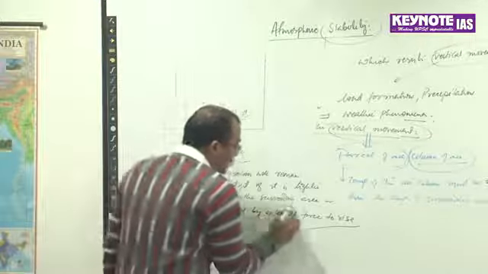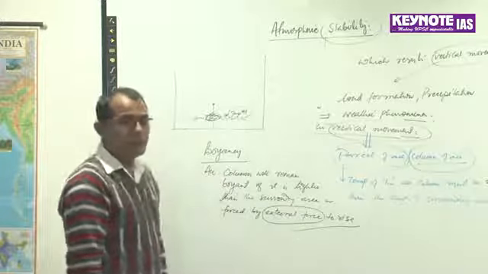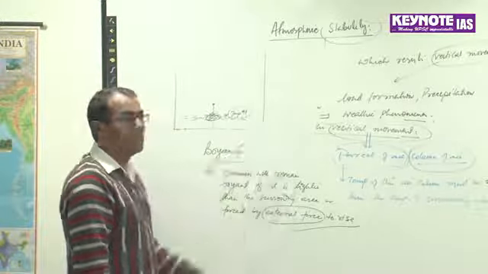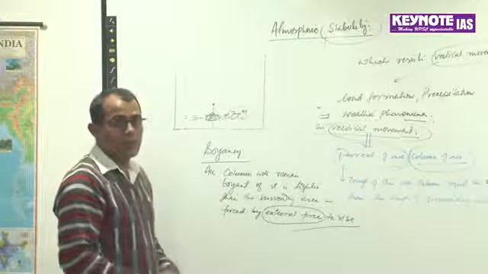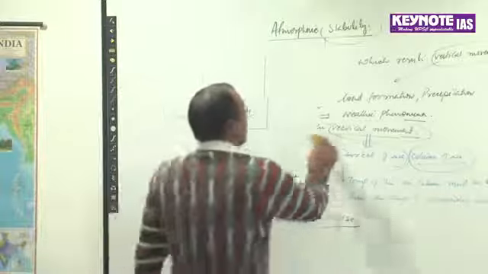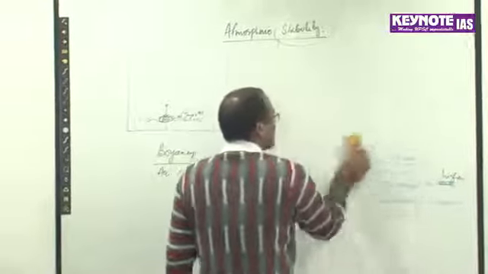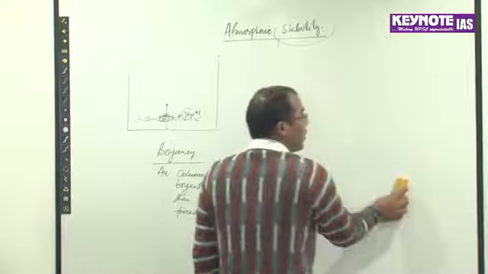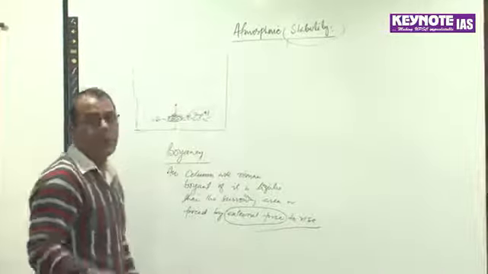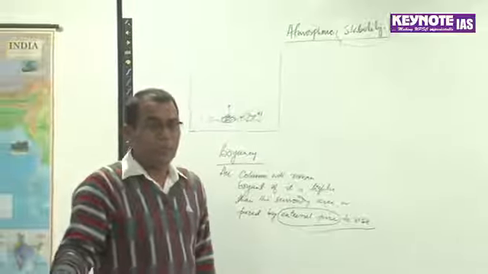That external force is available only close to the ground. Otherwise, it will not. So whether it has to rise on its own, or it has to be forced to rise up to a certain extent and thereafter it will rise on its own, or it will never rise. So there are three situations, three types of stability, right?